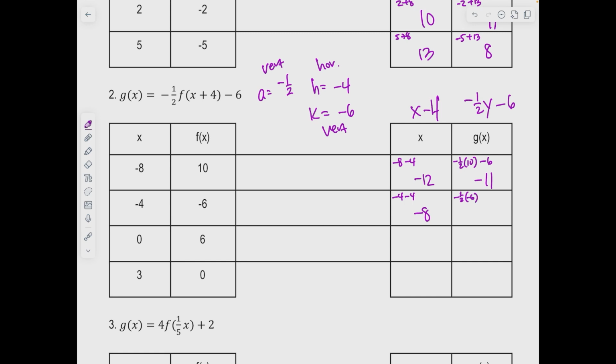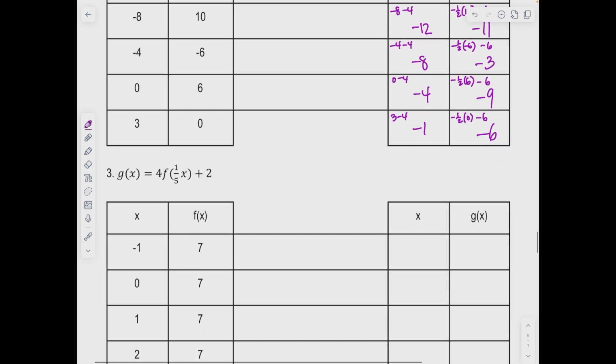Negative half times negative 6 is positive 3, and 3 minus 6 is negative 3. 0 minus 4 is negative 4. Negative half times 6 is negative 3. Negative 3 minus 6 is negative 9. And then the last one, 3 minus 4 is negative 1, and negative half times 0 is 0. 0 minus 6 is negative 6.